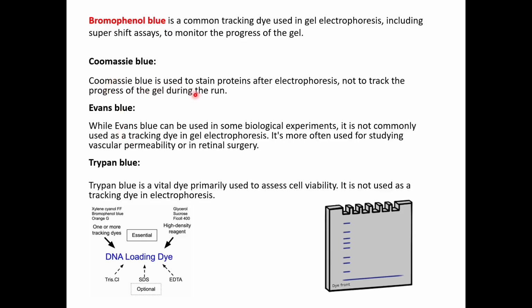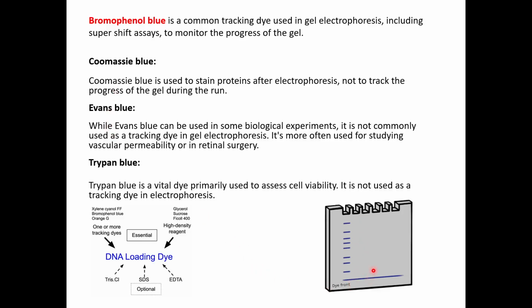Like Coomassie blue is to stain the proteins after your gel is run. We would have discussed about this in the previous session. So once you have run your gel and you want to visualize your protein bands, then you use Coomassie blue. So it is not a tracking dye; it is to stain the proteins.